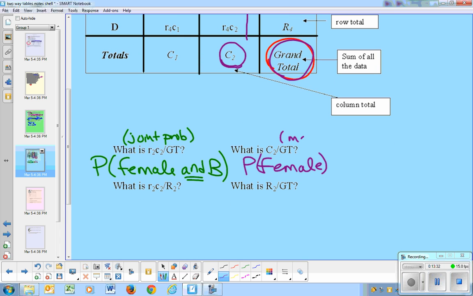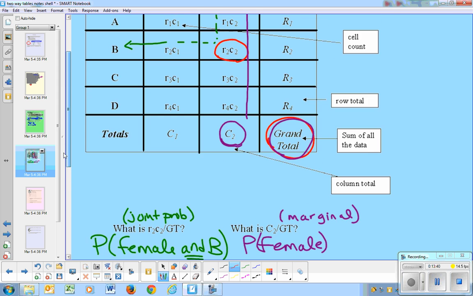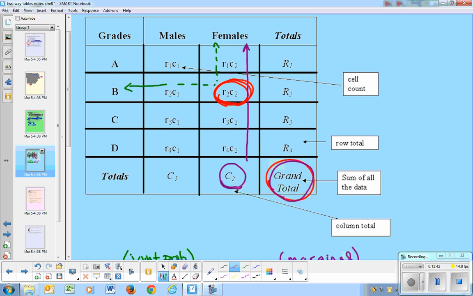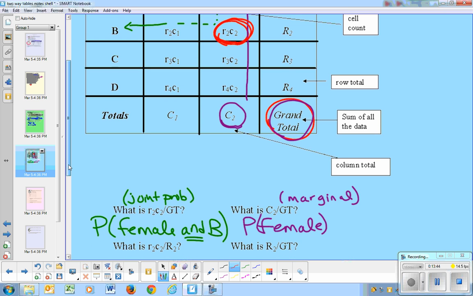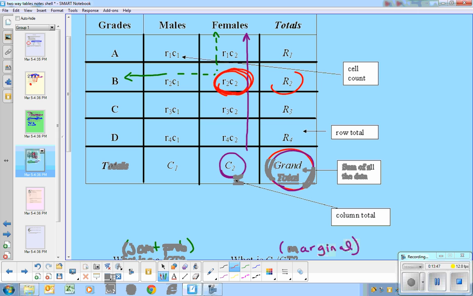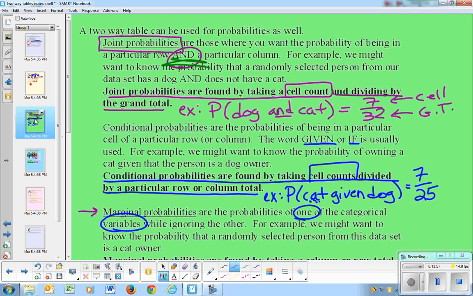Okay, what about this next one? R2C2, so this again, divided by this time R2. Okay, well, when I'm not dividing by a grand total, that's a big tell. That tells me that I must be doing a conditional probability, right? Conditional probability is the only time you're going to be dividing by a row or a column.